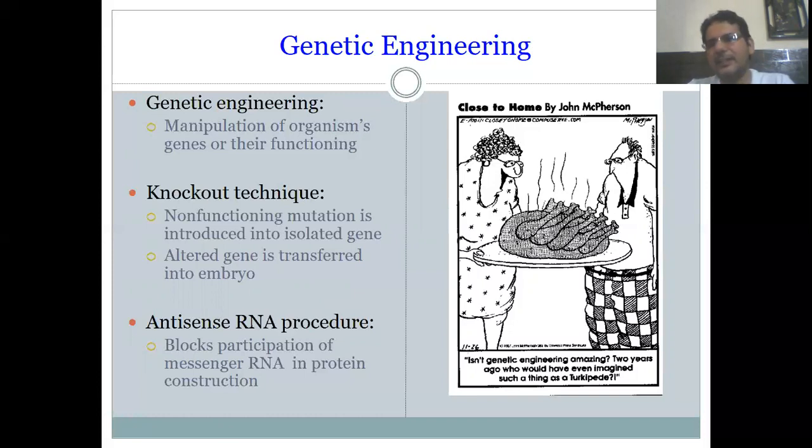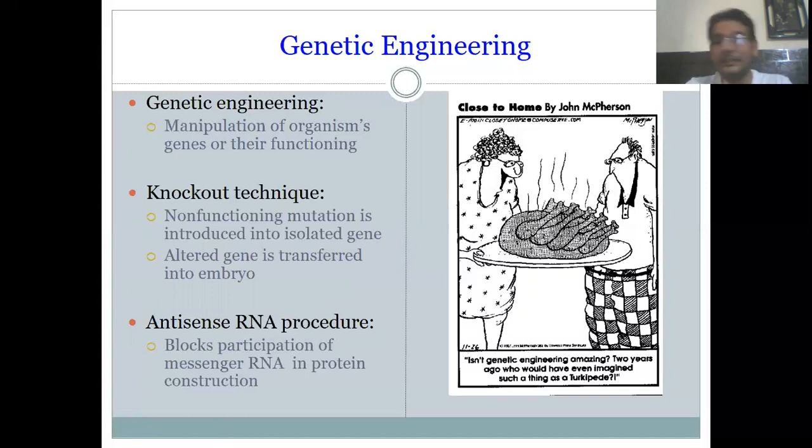In this case we do not actually knock out the genes, but we stop the function of the protein. So in this case, the messenger RNA is produced, and then we use antisense to those messenger RNA, and we block those messenger RNA, and they are not translated, and hence no specific behavior or function is achieved in this case. So this is also a very interesting technique.